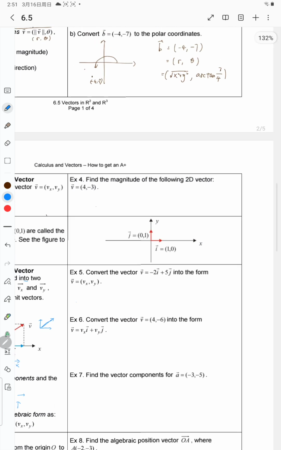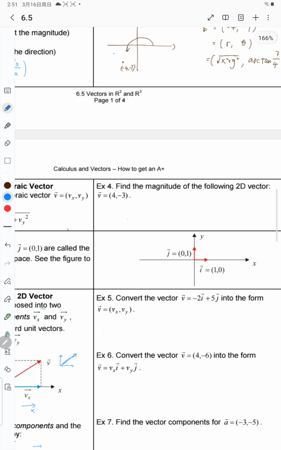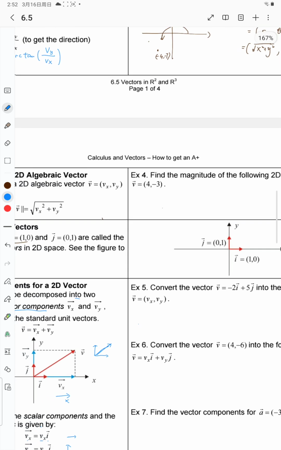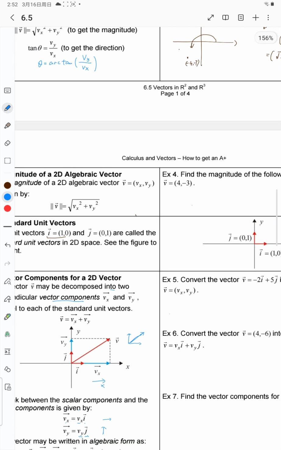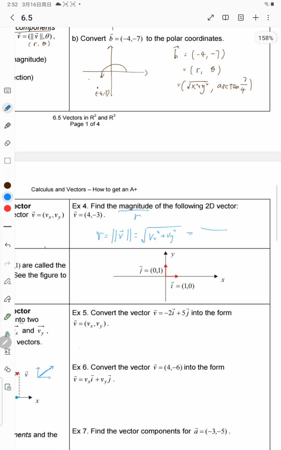So let's find the magnitude of this. The magnitude is just our radius r, so you can say radius r or v. The magnitude will just be the square root of vx squared plus vy squared. You can write it down: 4 squared plus -3 squared.